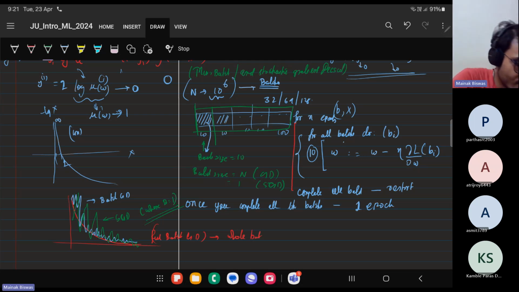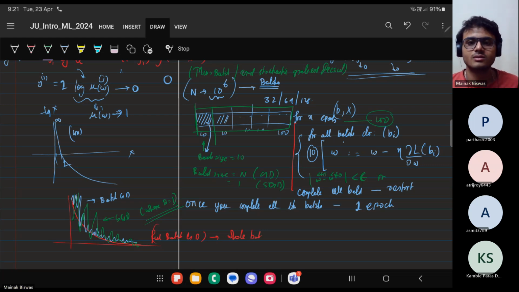We'll start again, until w_{t+1} minus w_t is less than some epsilon, or you have said you want to do it for 100 epochs. Is it clear to everyone?